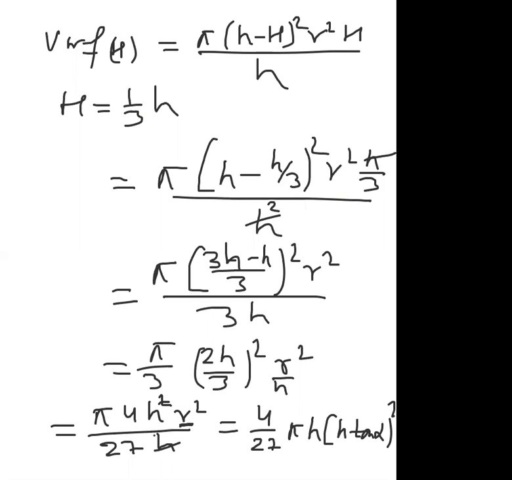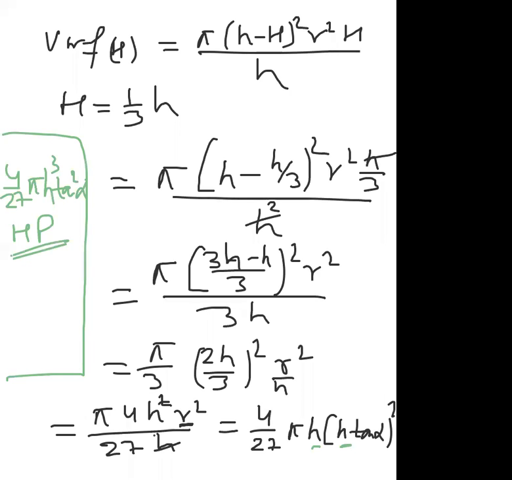So what it becomes, I'm writing with a different color over here. It is 4 by 27 pi H into H square, H cube, tan square alpha. Hence proved. This only was the target to prove.